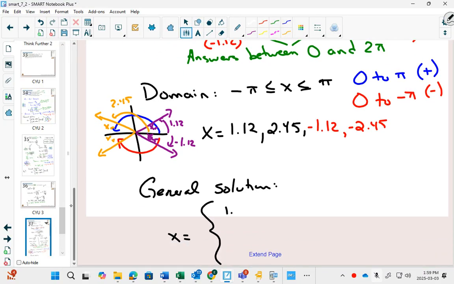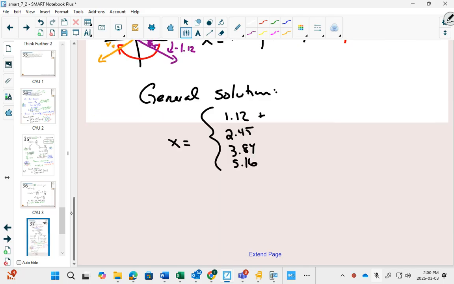So that was 1.12, 2.45, and then I would use the 3.84 and the 5.16. To each of those, add 2k pi. And define k to be an integer.